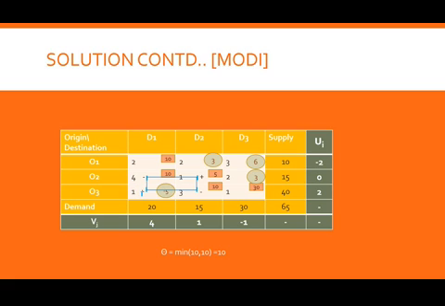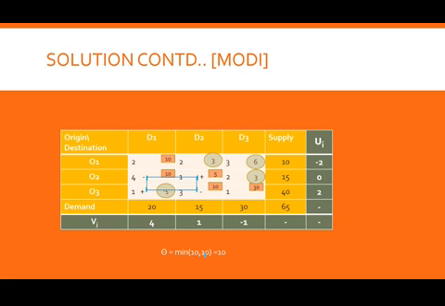In the first place I put a plus sign. Here I get a minus. Here I get a plus. Here I get a minus. So theta value will be the minimum of the allocations at minus theta positions. At minus positions I have 10 and 10 as the allocations. So check it out. Theta is equal to min of 10 comma 10.